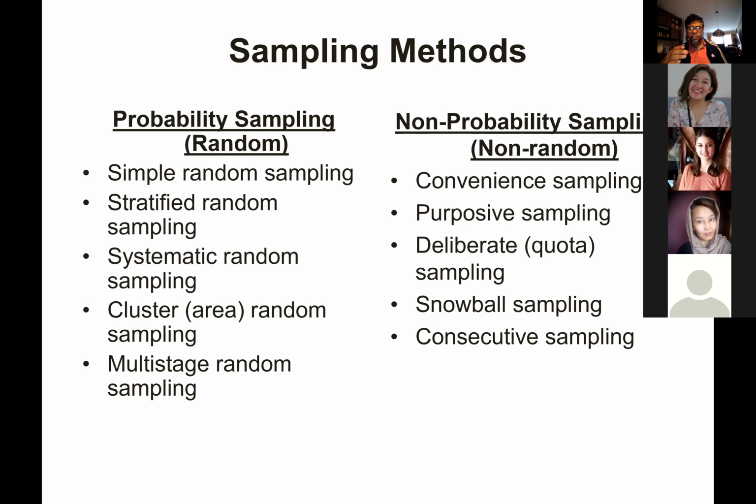You have to have 50% boys, 50% girls. So that's the quota that you are setting. You cannot do just exactly random selection, where you might get all boys or all girls, right? But you want to see what happens between boys and girls, so you have 50% there, 50% there. That's the kind of thing quota is.